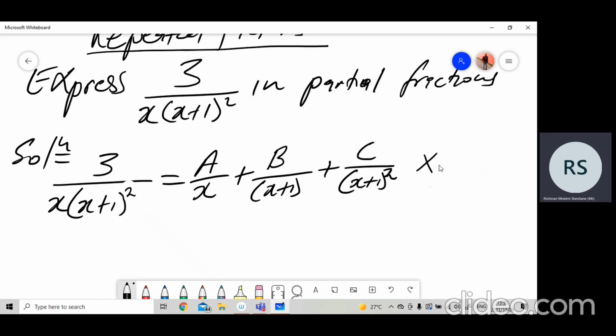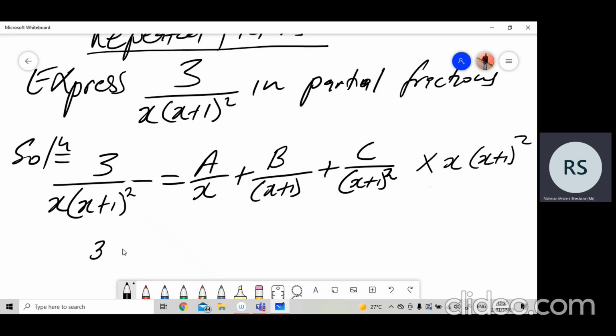And the first step when solving for these constants is to multiply by the LCD. The LCD is x times x plus 1 to the power of 2. I want you to try solving for a, b, and c. I already did this in a previous video and showed you how to solve for the constants, but just to give you a hint, you multiply by this LCD. When we multiply on the left-hand side, they will cancel.